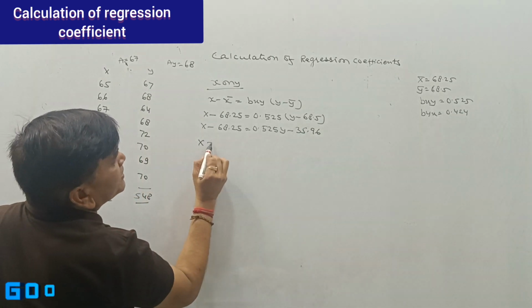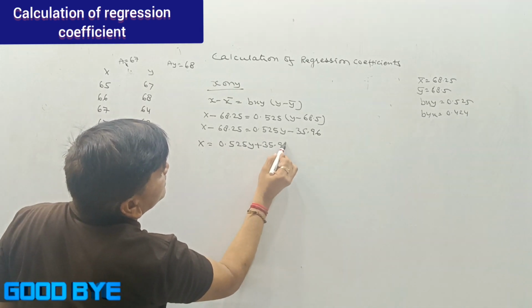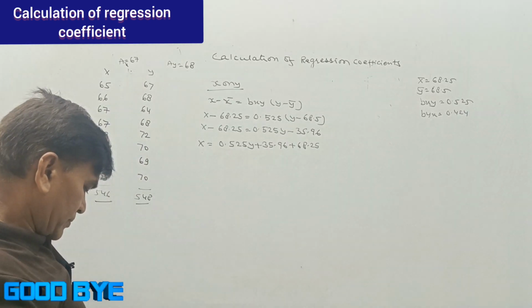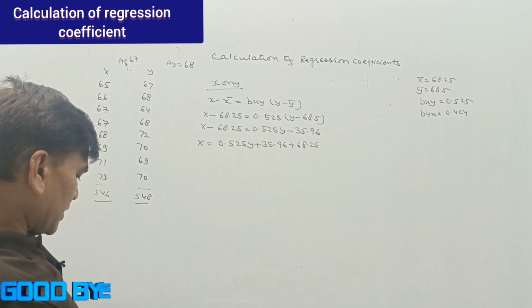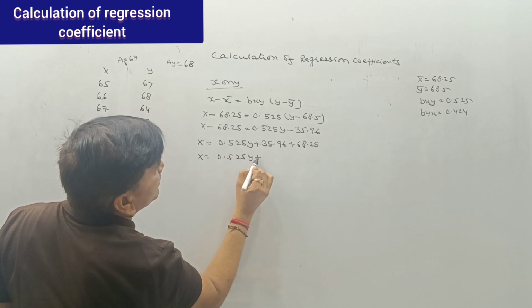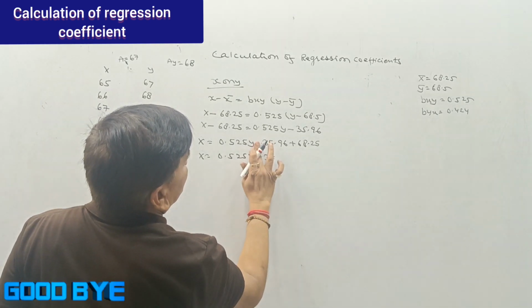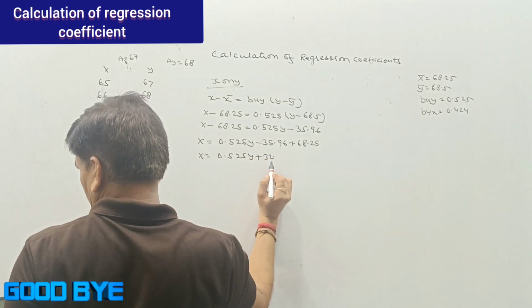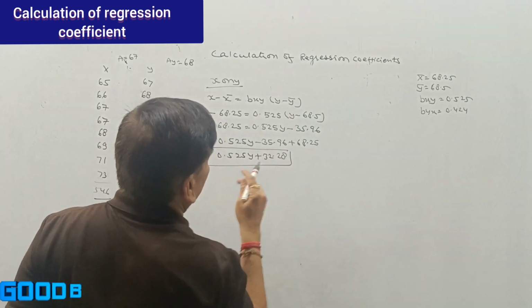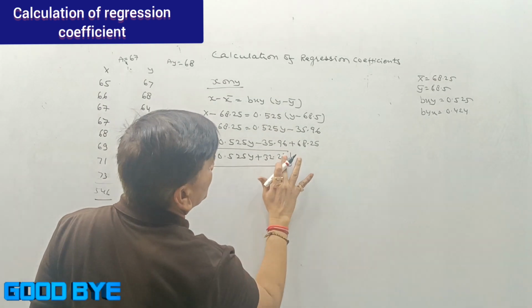So x is equal to 0.525 y minus 35.96 plus 68.25, that is 0.525 y plus 32.28. This is the x on y equation.